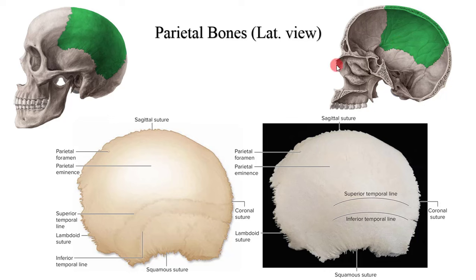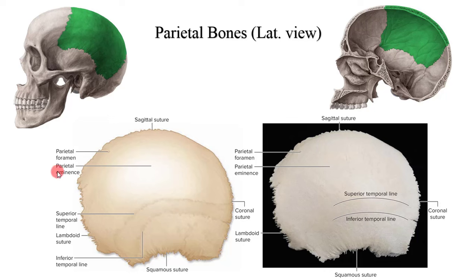The external surface of each parietal bone bears a pair of low ridges, the superior and inferior temporal lines. These lines mark the attachment of the temporalis muscle, a large muscle that closes the mouth. The smooth rounded parietal surface superior to these lines is called the parietal eminence.